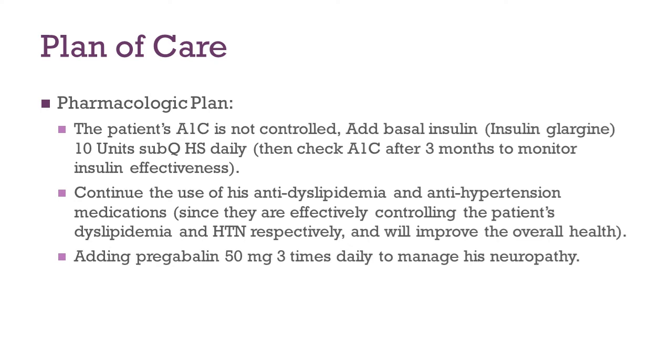Continue the use of anti-dyslipidemia and anti-hypertension medication, since they are effectively controlling the patient dyslipidemia and hypertension respectively, and will also improve the patient overall health. For the patient tingling and numbness, we would like to add pregabalin 50 milligrams 3 times daily to manage neuropathy.